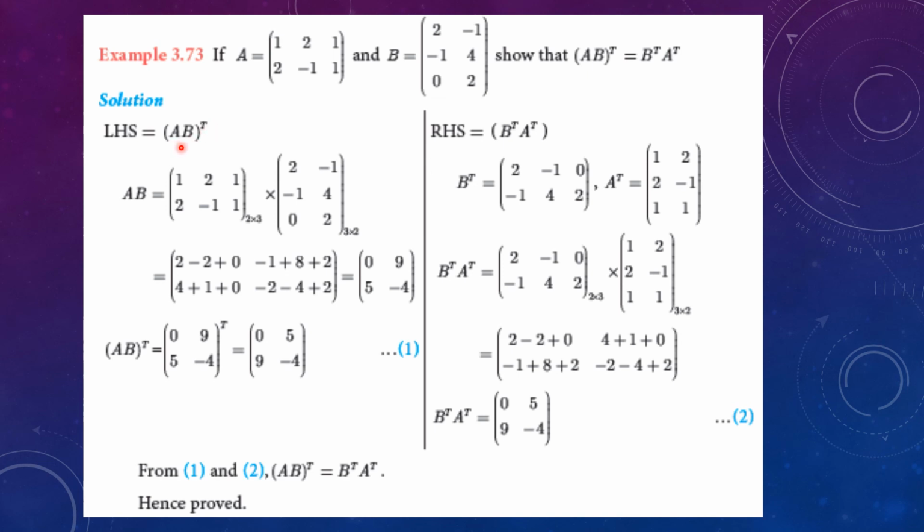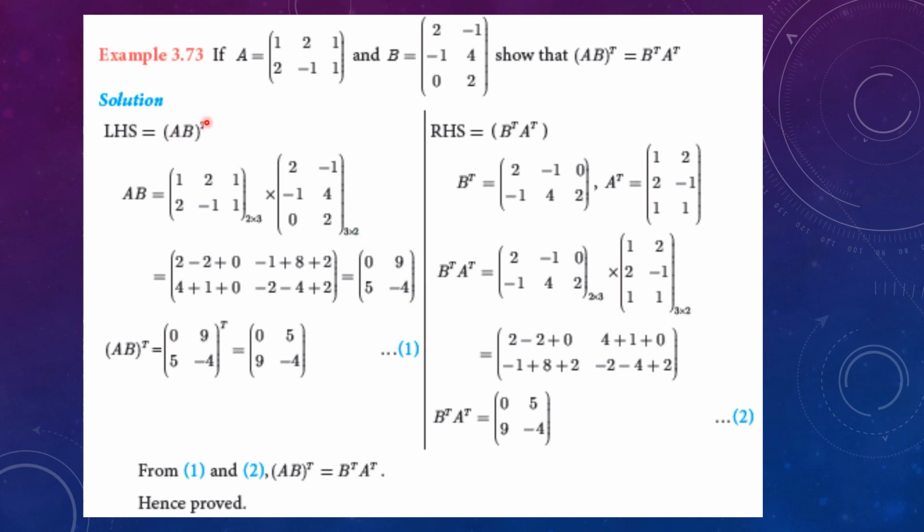So within the bracket we have AB. First you have to find the AB answer, that is multiplication of the A matrix with the B matrix. How to check the order? Here 3, here also 3. So AB is defined. The product is of order 2 cross 2 matrix. Yes, we will get that.